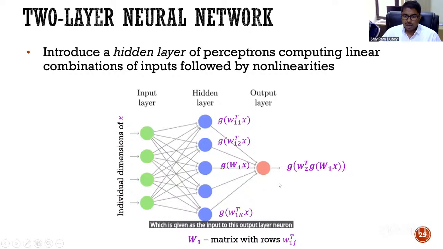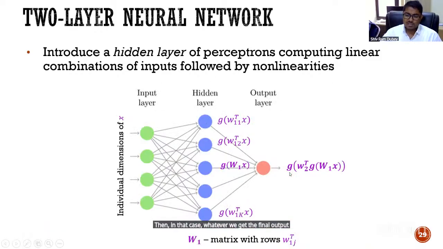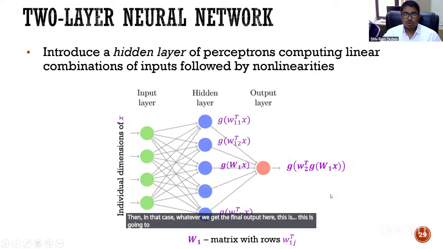And then we have the parameters in the output layer neuron itself, which is W2. That parameter is also applied here, and the activation function of the output layer is also applied. Whatever we get as the final output here is going to be the final output of this particular neural network.